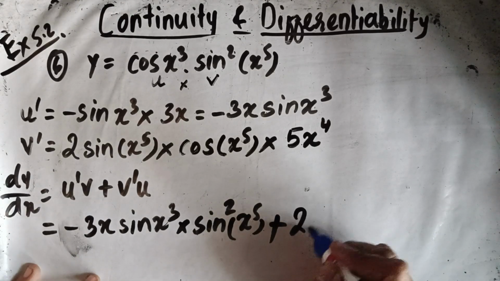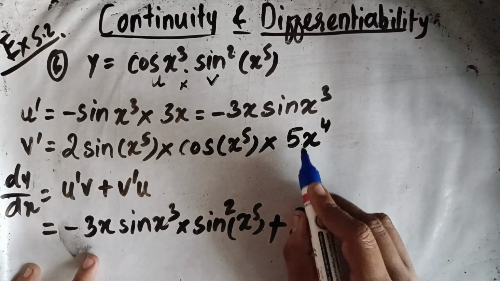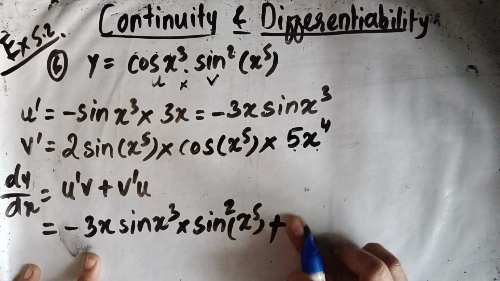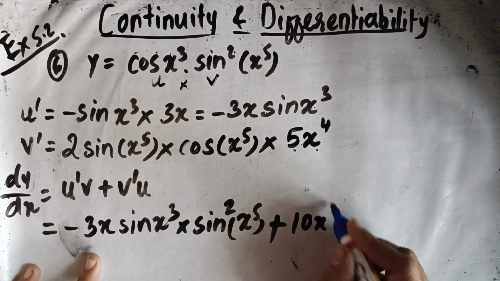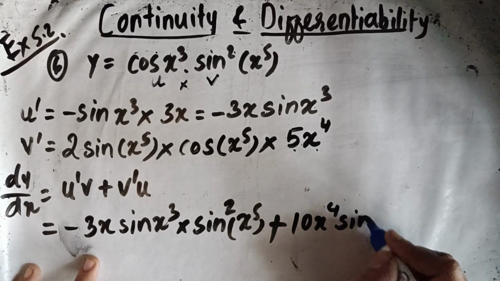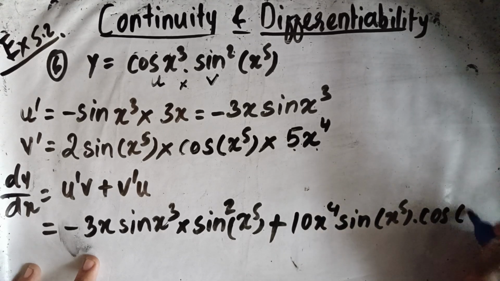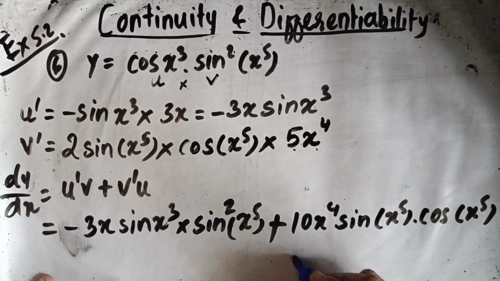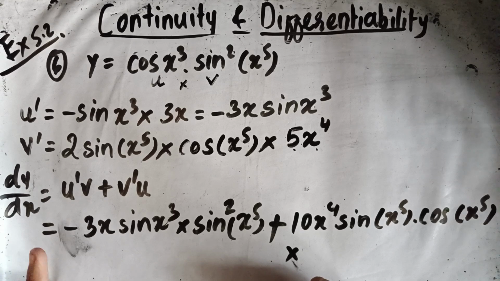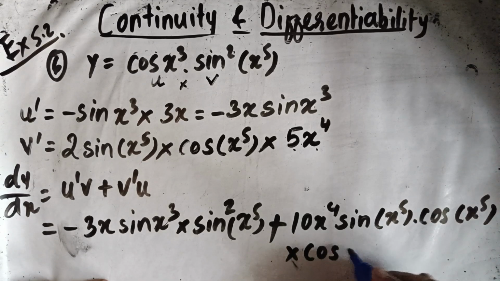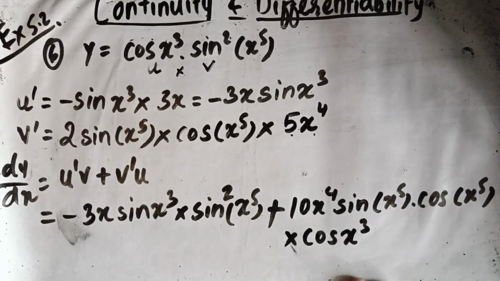V dash is 2 into 5 is 10, 10 x raised to 4 sine of x raised to 5 into cos of x raised to 5, into u. U is cos of x cube.